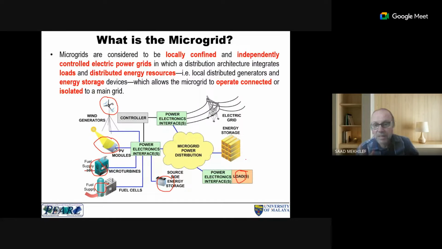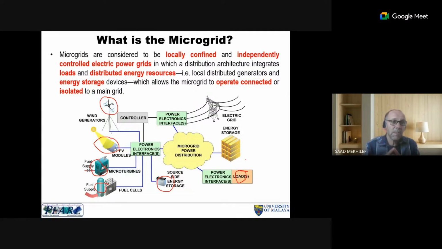Maybe 70% is generated from renewables, 30% is generated maybe from a diesel generator or from the grid. So my renewable energy factor is 0.7. This is very important, because when we want to compare, we need to compare these 2 things, the cost of electricity and the renewable energy factor.